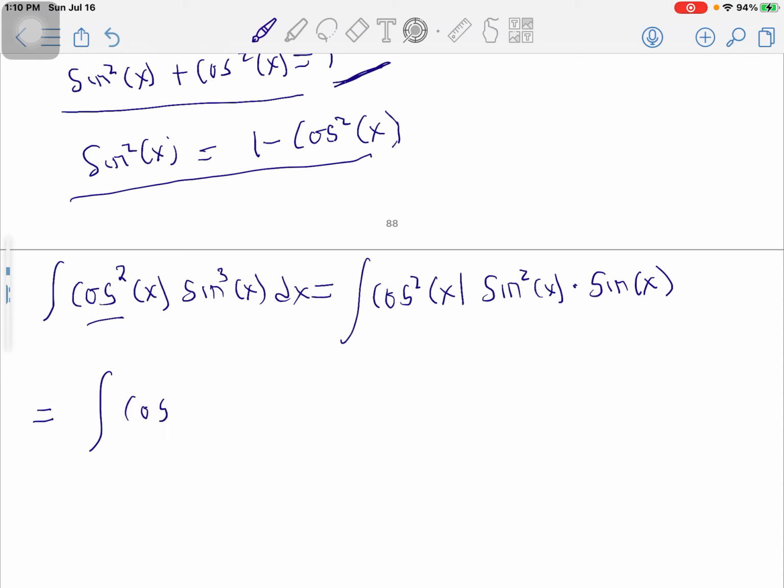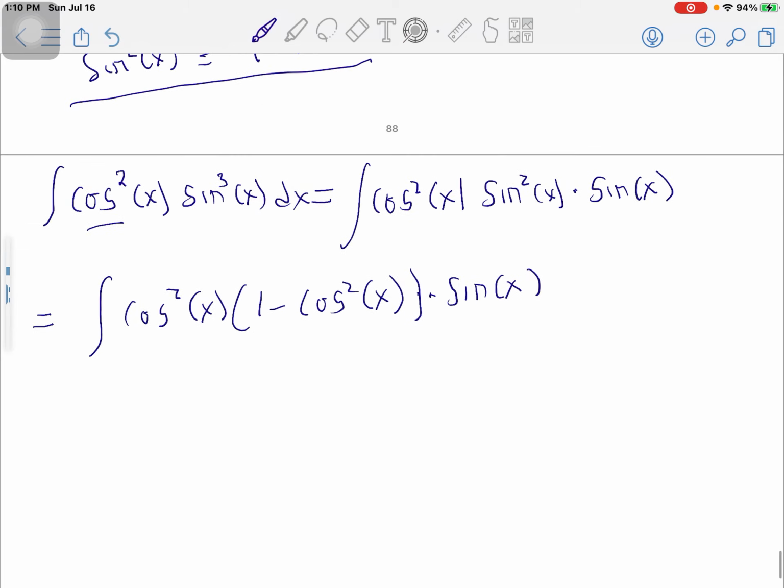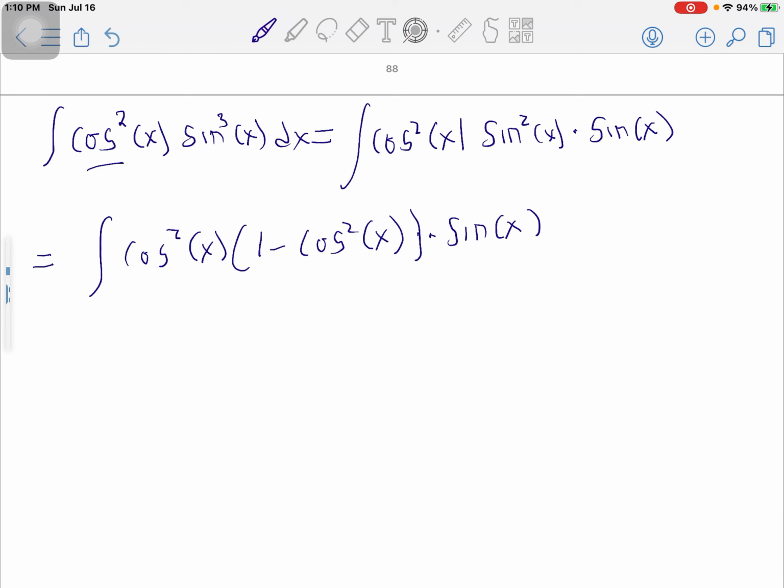Now, inserting our trigonometric identity, we get the integral of cos square of x, and then we substitute in brackets 1 minus cos square of x, and everything is multiplied by sine of x. Take note that we still have another sine function inside, but the goal is to reduce everything in such a way that we get one common term, which is the cos function.